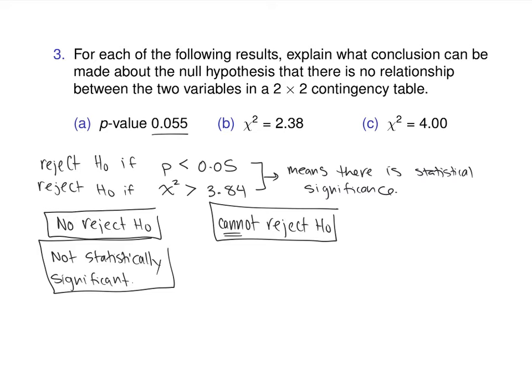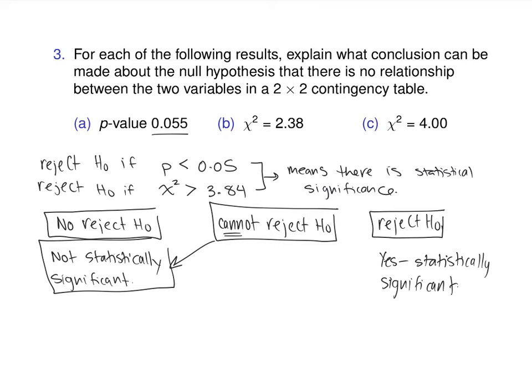Cannot reject H naught. Not statistically significant again. If your chi-squared is 4, yes, then you can reject H naught. Is statistically significant. Okay.